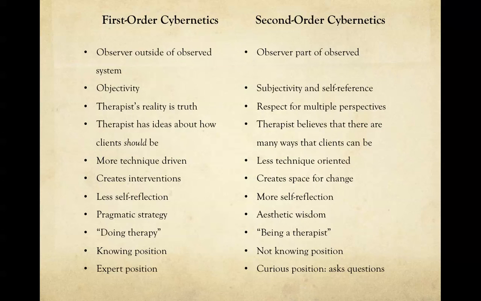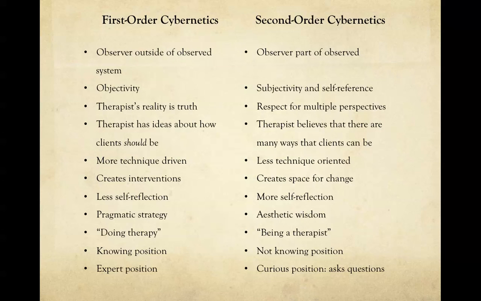First-order cyberneticians or therapists create interventions, attempting to make particular kinds of changes. A second-order cybernetician or therapist works to create space for change, collaborating with clients to do this.